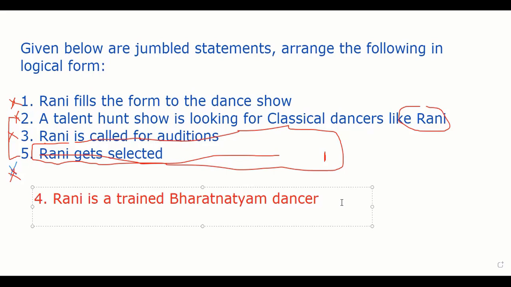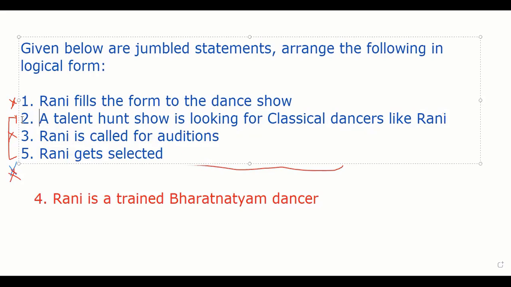Sir, I think it would be 2. Because 1 says Rani filled the form. No. How fill the form? We don't know anything about any show being there or not. That is why next has to be statement number 2: Rani, a talent hunt show is looking for classical dancer like Rani.